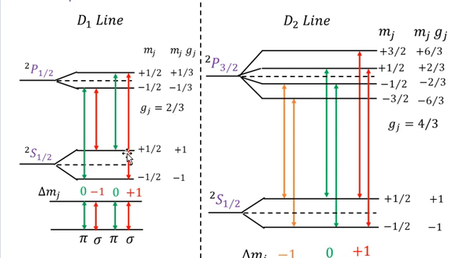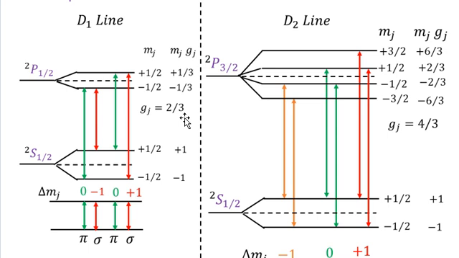What is the value of the Lande g factor for this case? The value is 2, because if you multiply 1/2 by 2, you will get plus 1/2, and if you multiply minus 1/2 by 2, you will get minus 1/2. So the value of Gj for the ground state, that is for the 2S 1/2 state, is equal to 2, whereas the value of Gj for 2P 1/2 is 2/3.